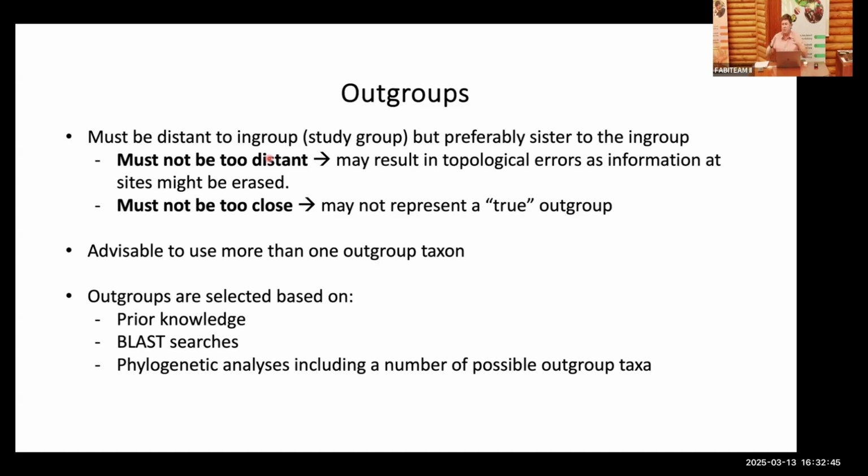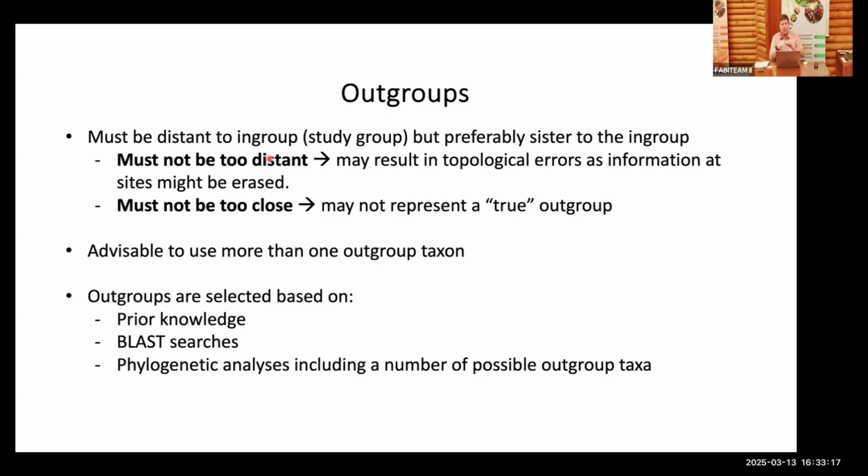I think it's just important to try to use more than one method so that one method can support the result of the second method and vice versa. Let me rephrase this. So that the one method can give support to the second method. So if you have congruent trees, or topologies that are the same, generated from two methods or more, then you have more confidence in the topology.